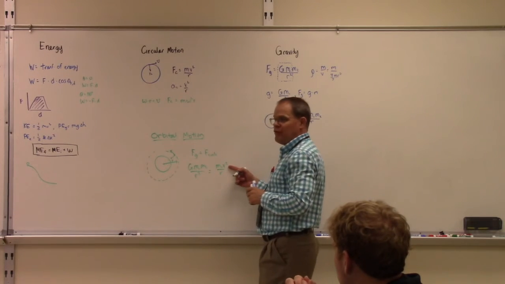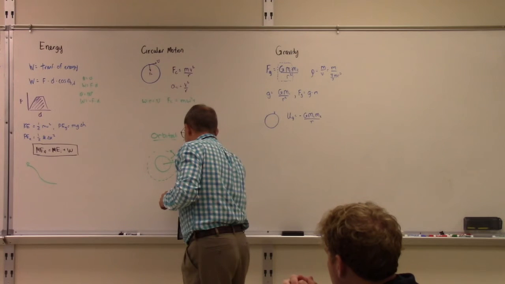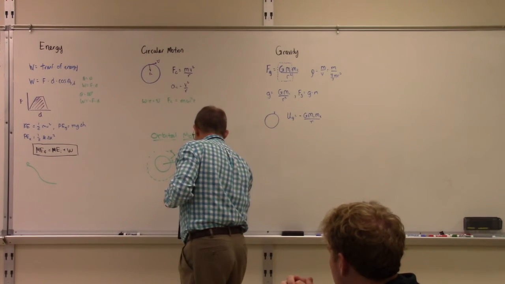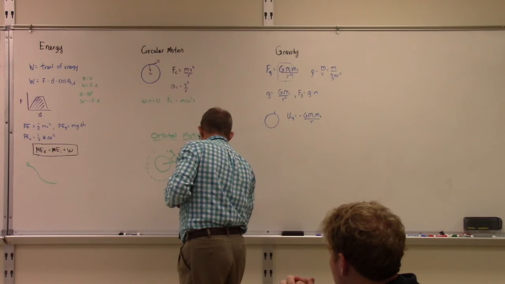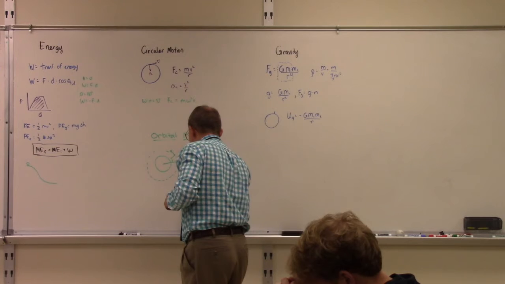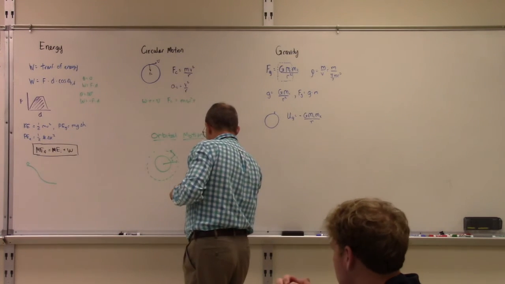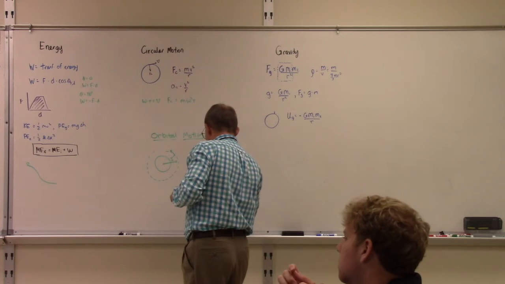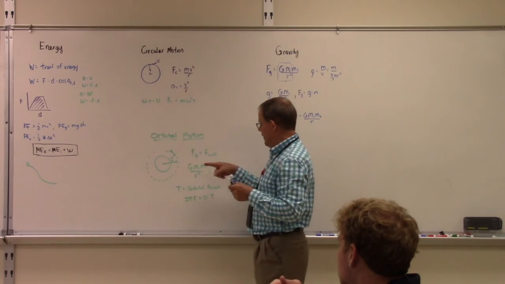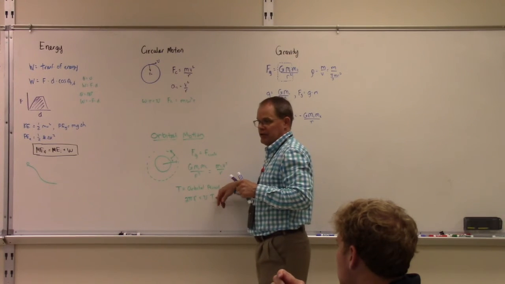That allows you to find the orbital velocity, and then the orbital period, T. The orbital period can be found by using the distance it's got to go, which is one time around. So one lap is 2 pi r, which equals the velocity times the time, the orbital period. So using that idea and the velocity, which you can solve for here, you can work out the orbital period.